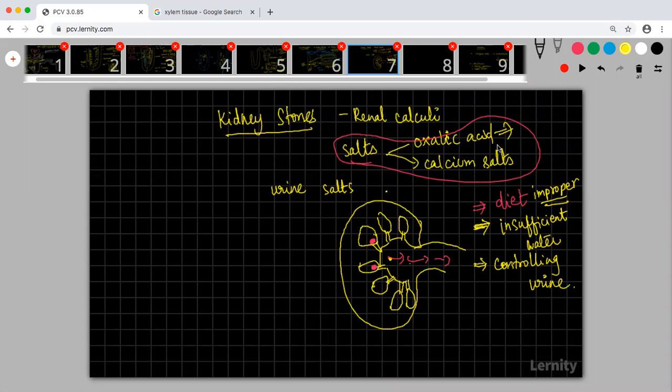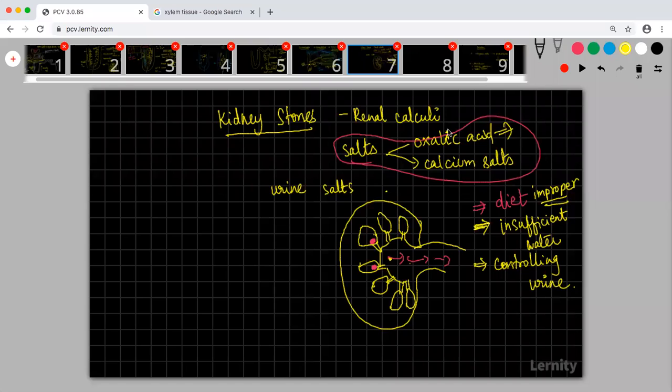But beyond the age, if you're eating too much, when your system is slowing down, it is like oxalic acid stuff, oxalate salts. There are certain salts called oxalate, calcium oxalate kind of salt. When those salts are there, the chance of crystallizing will be higher. Even if you are taking too much salt, that is also a problem.